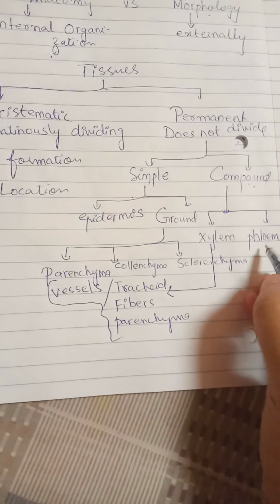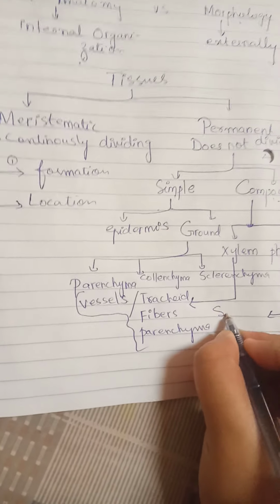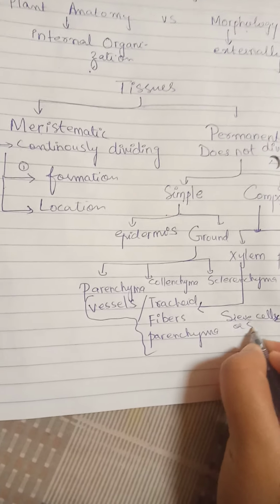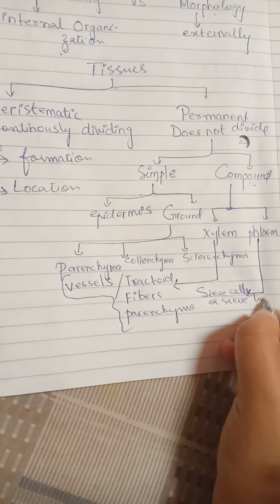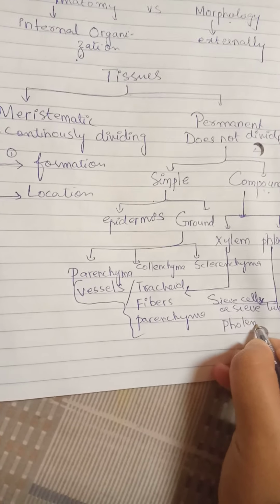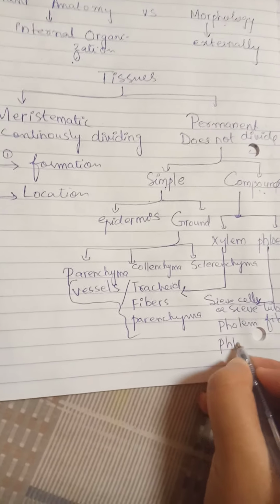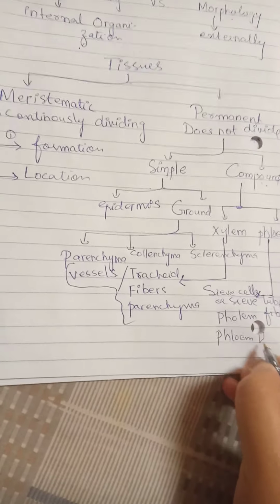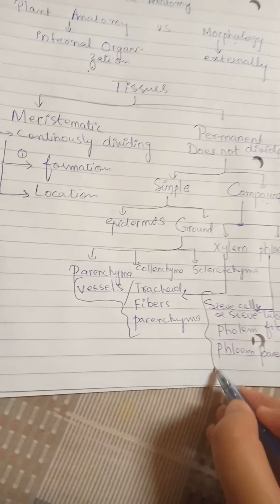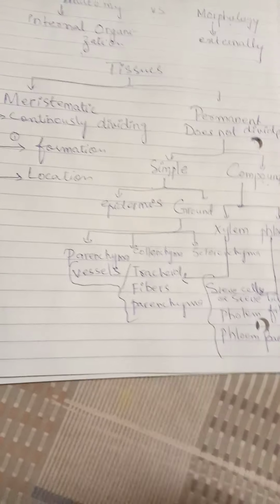Similarly, phloem is made up of sieve cells or sieve tube, phloem fiber, and phloem parenchyma. So all these three types of cells as a whole perform the function of food conduction.